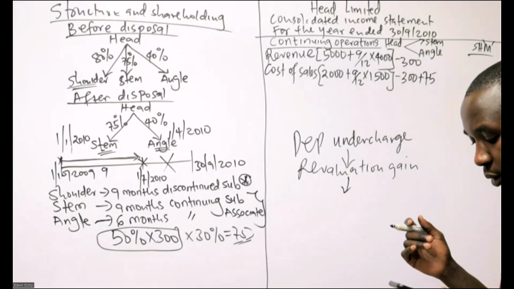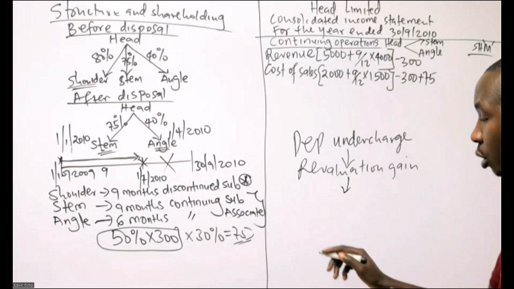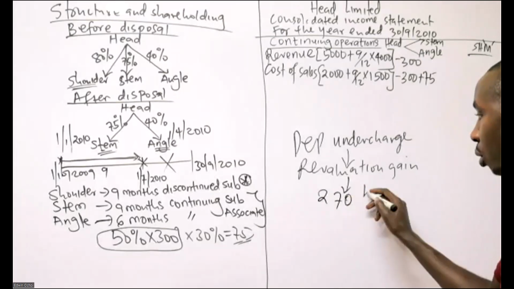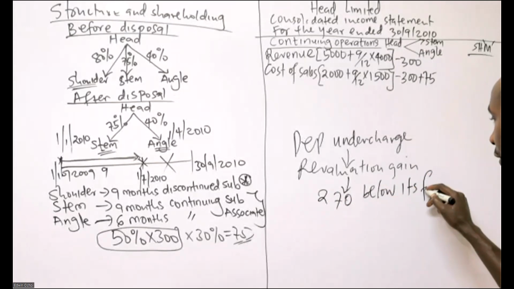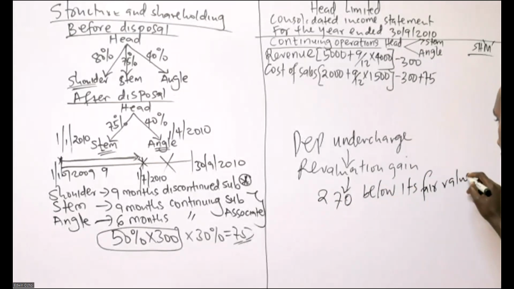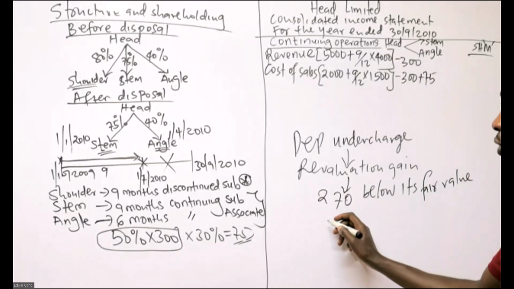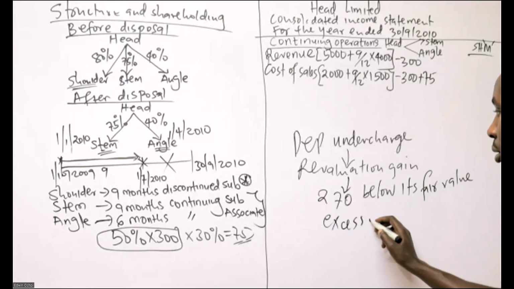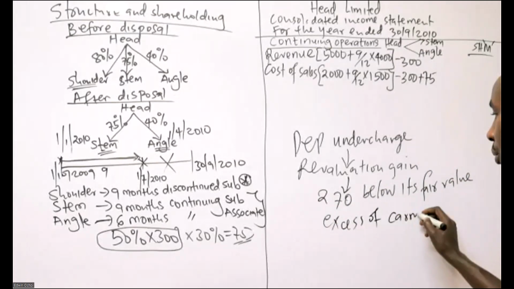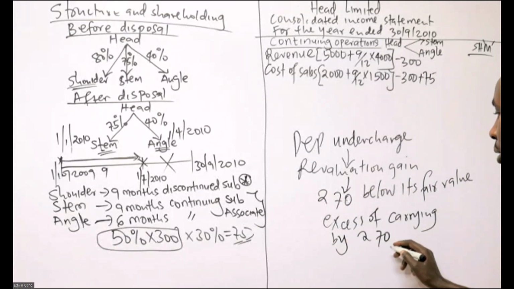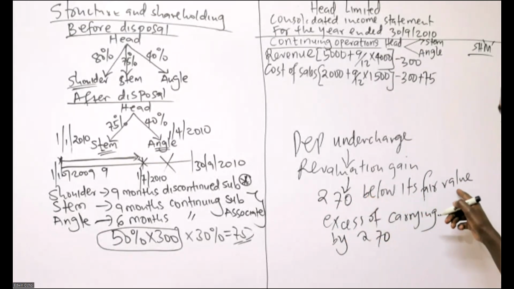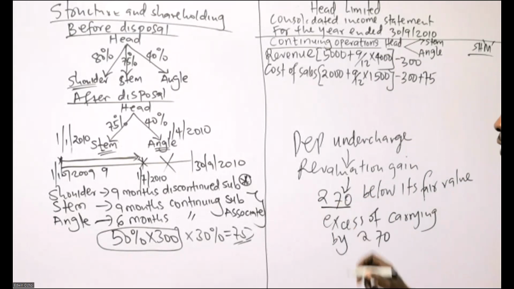On the date of acquisition, STEM Limited had other plant that was 272 below its fair value. So this one was in excess of the carrying amount by 270, below the fair value by 270. So it's not about increase.